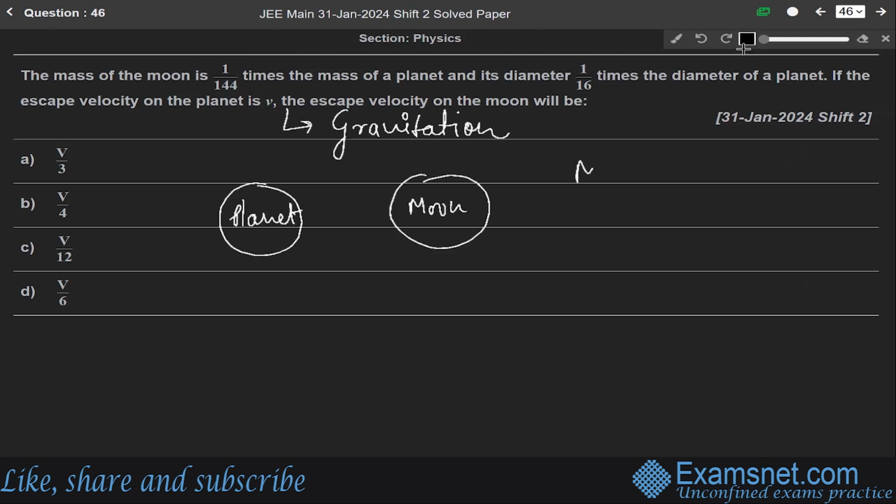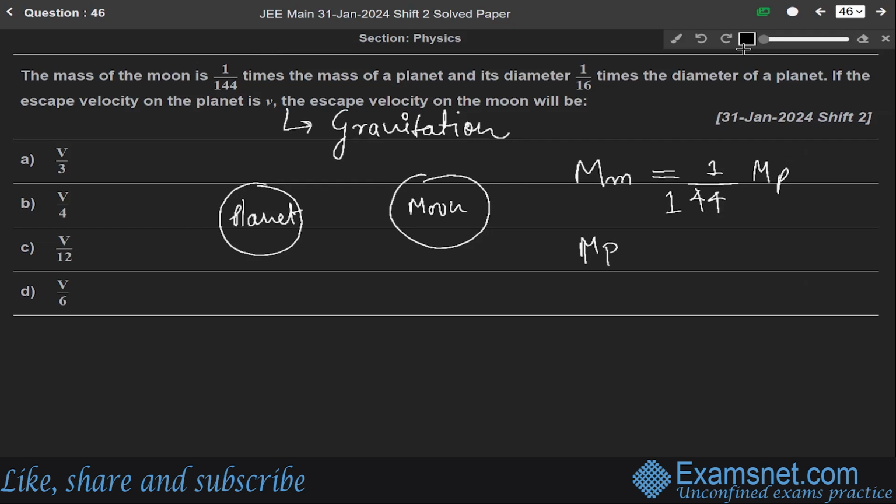Let Mm be the mass of the moon and Mp be the mass of the planet. According to the question, the mass of the moon is 1 over 144 times the mass of the planet, and its diameter is 1 by 16 times the diameter of the planet.